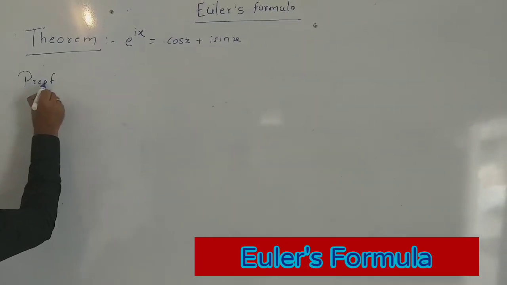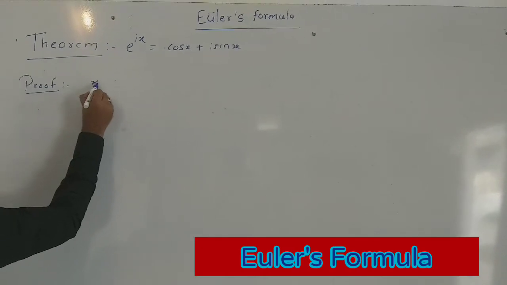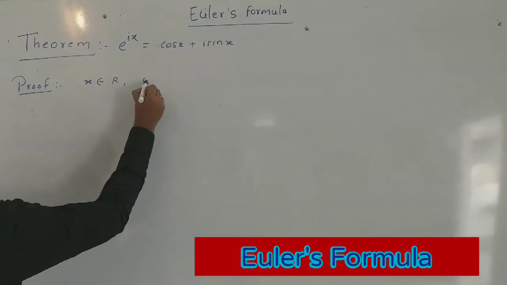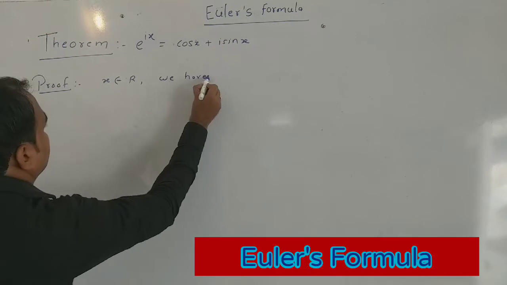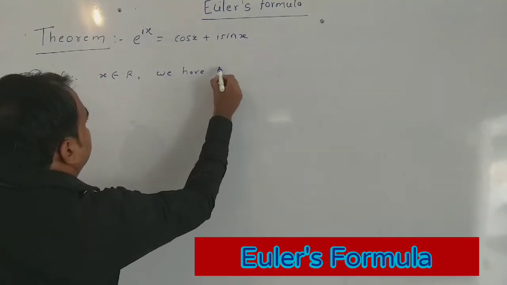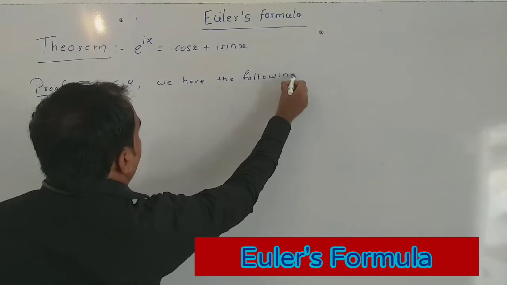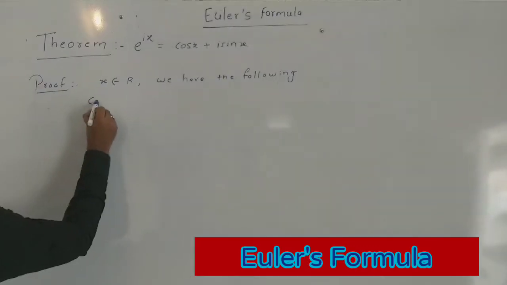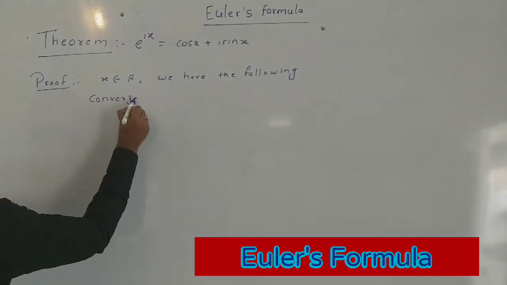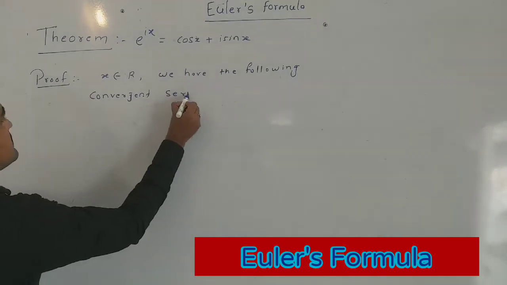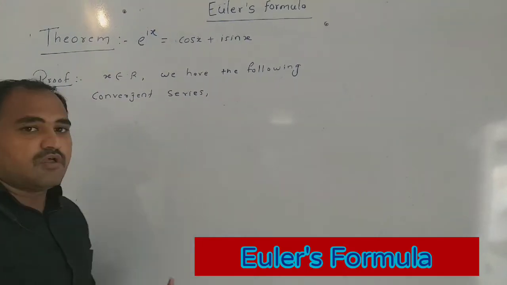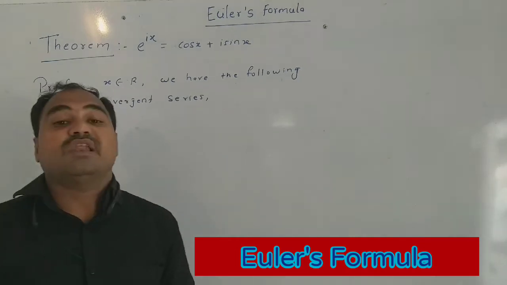In the proof, here x belongs to R, we have the following convergent series. In that convergent series we are using the Taylor expansion.